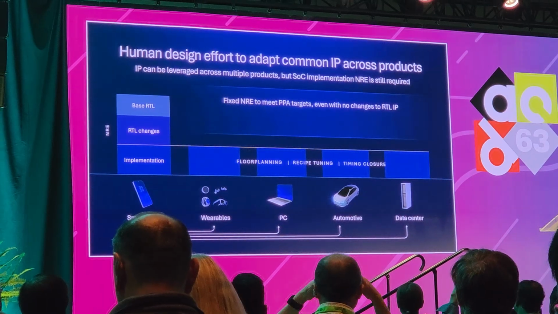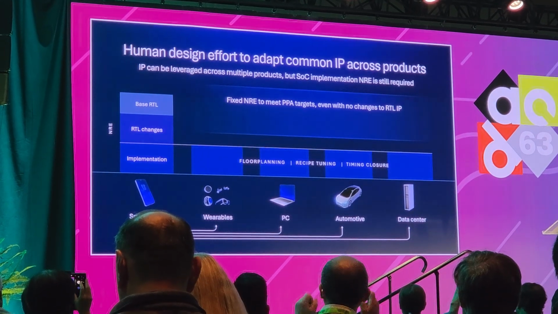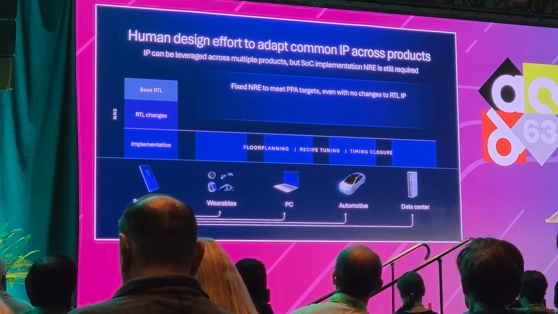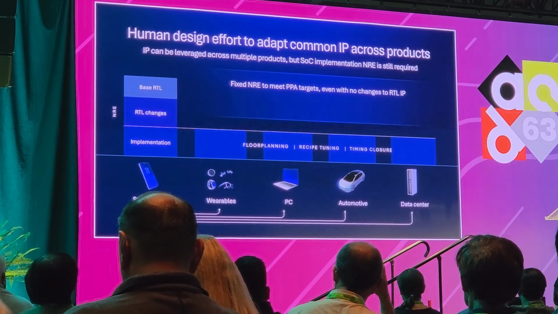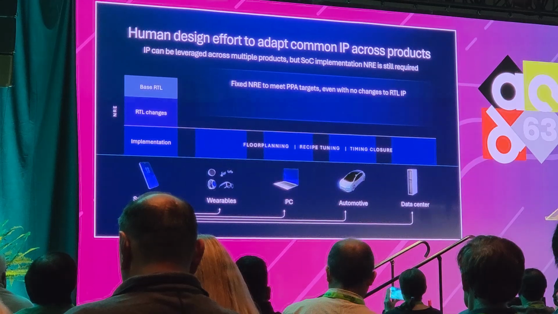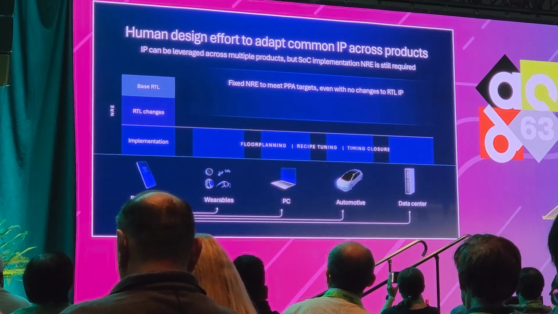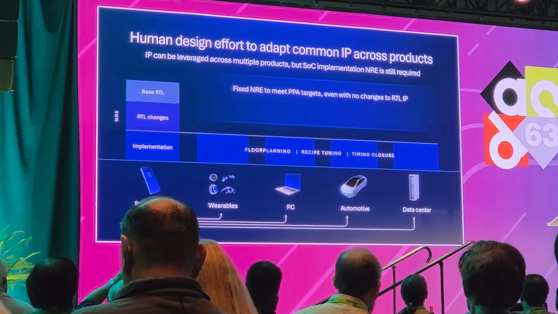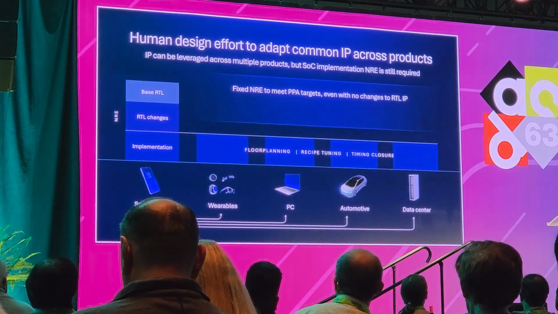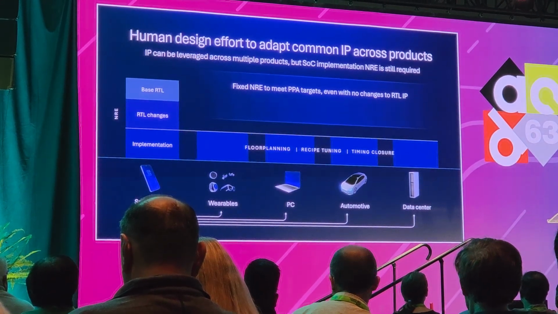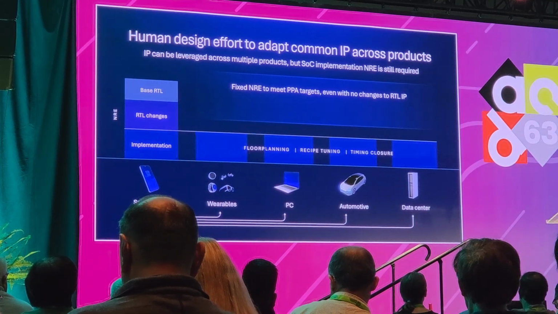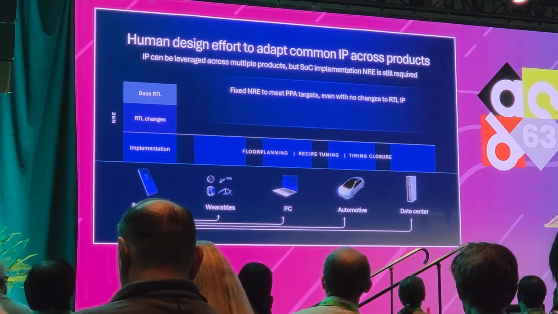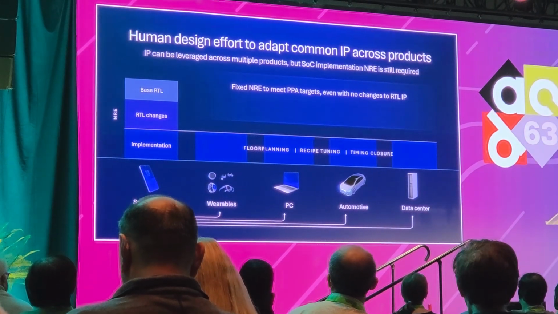So a given IP, let's say a camera, can be reused for a new product with no changes to RTL, but changes in another IP core, such as the NPU, can trigger a whole new implementation effort. The effort will mainly involve floor planning to accommodate changes in the IP core, changes in the EDA tool recipe for synthesis and physical design, and timing closure for sign-off using manually guided iteration for the EDA tool.